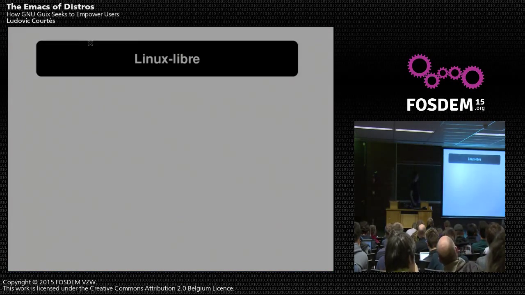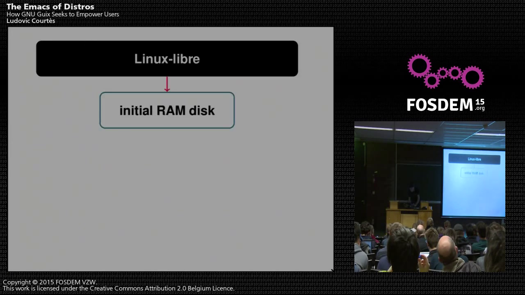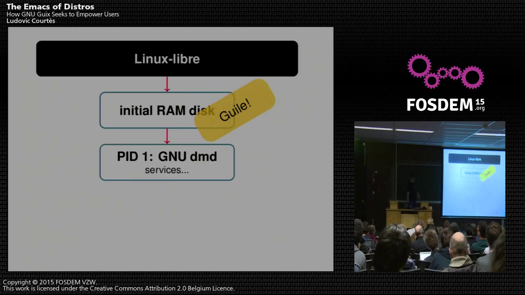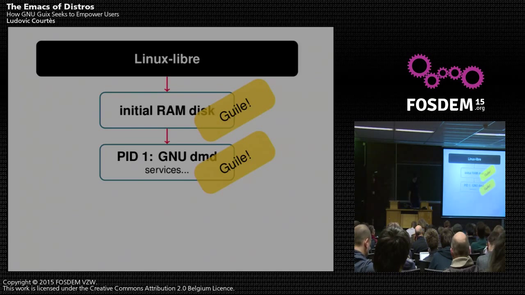So if we summarize what we have here, we have the kernel. And from there, we have an initial RAM disk. And actually, it turns out we run Guile in the initial RAM disk. So we can use all our friendly Guile libraries within the RAM disk. And from there, we have PID 1, which is DMD. And again, that's Guile. So again, we can reuse our friendly Scheme libraries within that daemon, right?